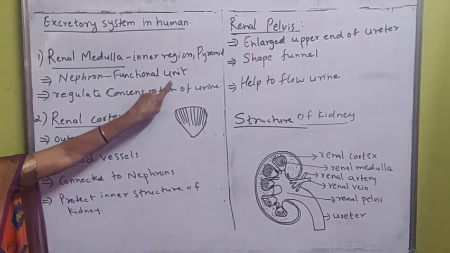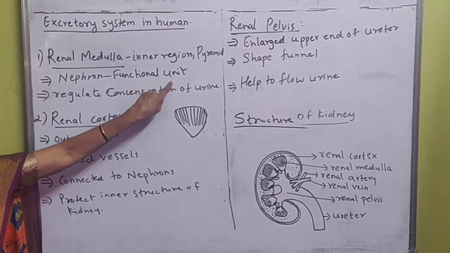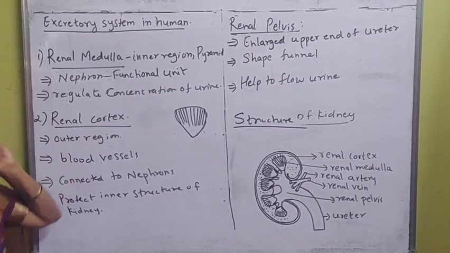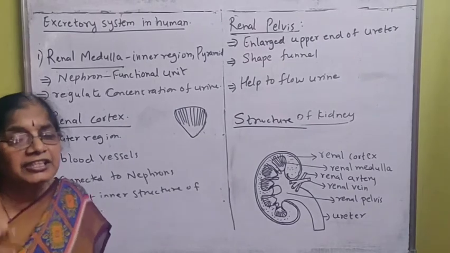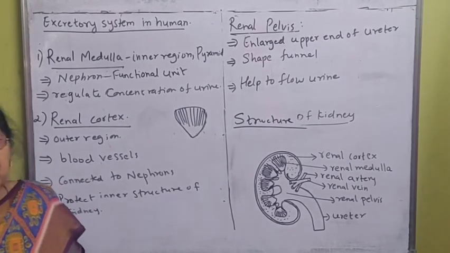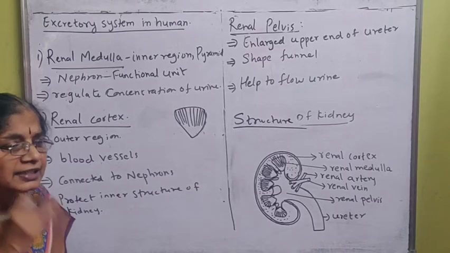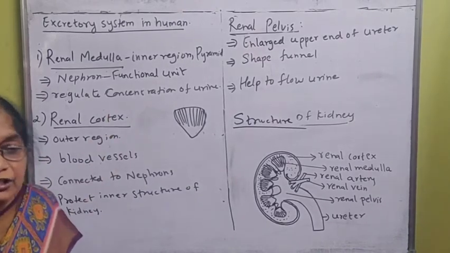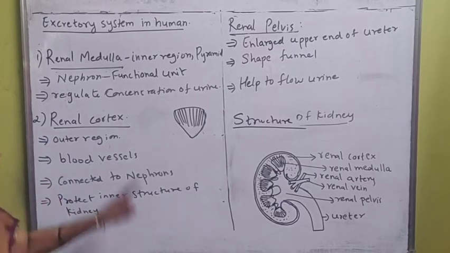A one mark question can be asked, or fill in the blanks: dash is the functional unit of the kidney, nephron. Or, write the functional unit of the kidney. Similarly, in lungs the functional unit is the alveoli. Same in the kidney, the functional unit is the nephron.